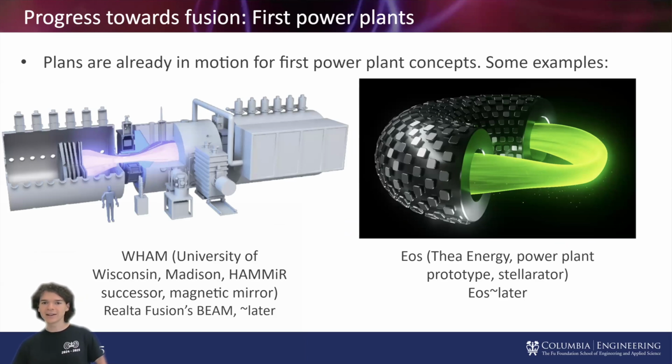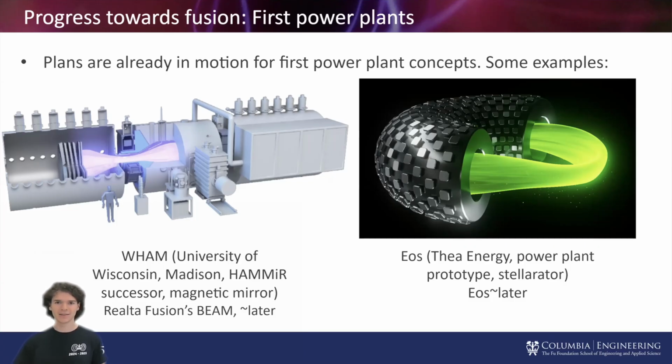EOS from Thea Energy is another stellarator that, instead of using large coils, uses very small but lots of coils. And we might talk more about a concept like that later in this course. These coils are the electromagnetic coils that create the magnetic fields needed. This is another power plant concept that is, again, under development.